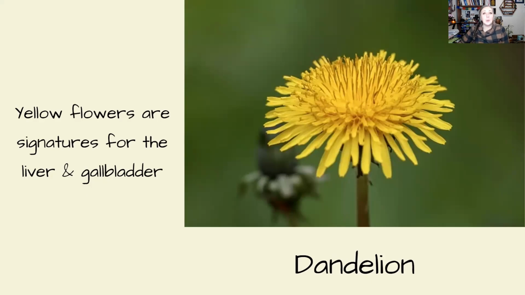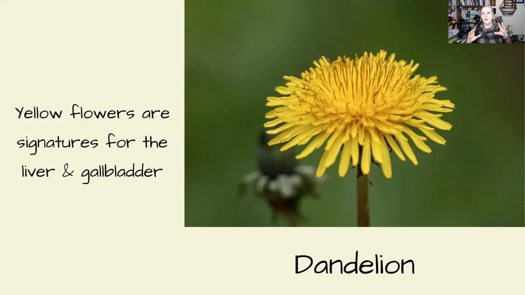All right, so next, yellow flowers are signatures for the liver and the gallbladder. And we can see that in dandelion, an excellent example. And again, I went over more of the different color signatures in part 1 of the presentation, but I just wanted to mention this one again because there are a lot of yellow plants.